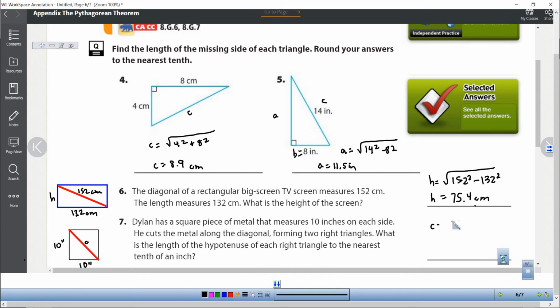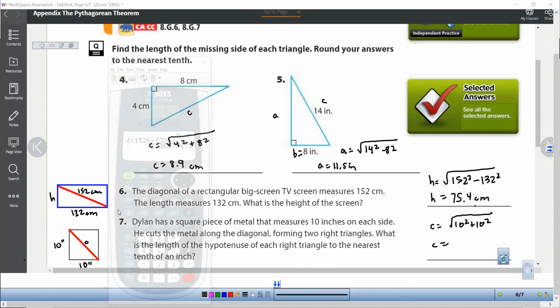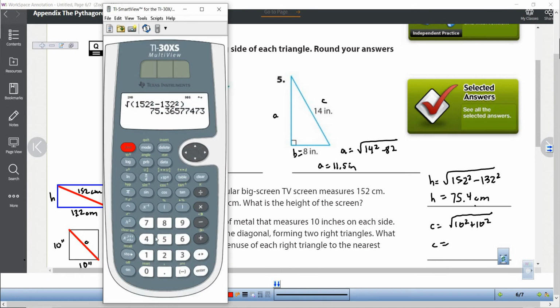So C is going to be the square root of 10 squared plus 10 squared, right? Here we go. The square root of 10 squared plus 10 squared.